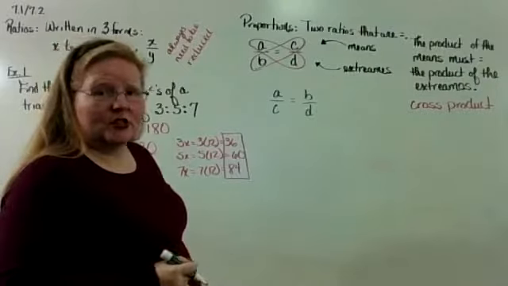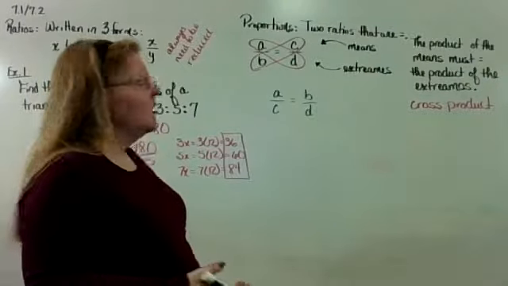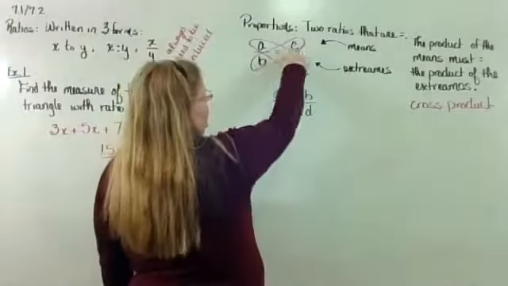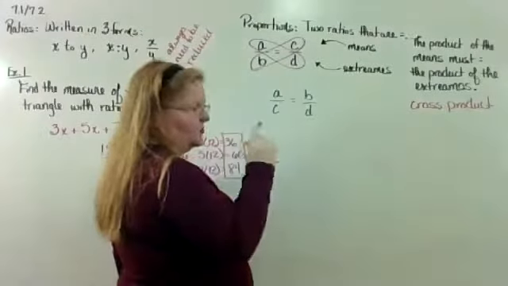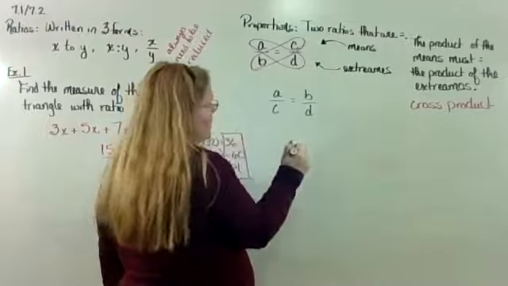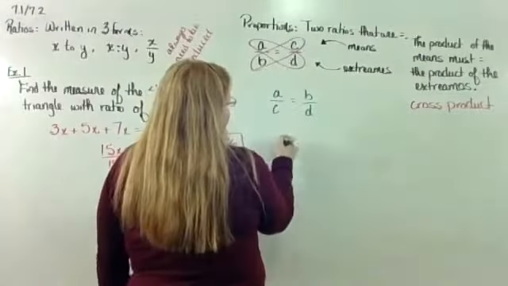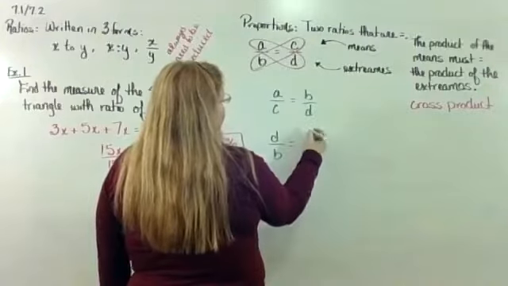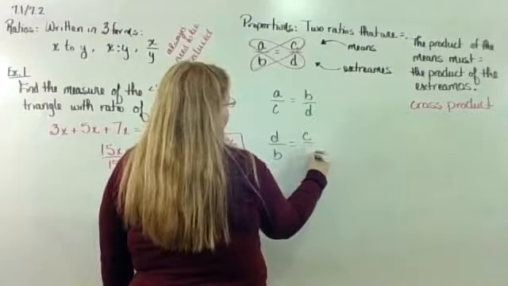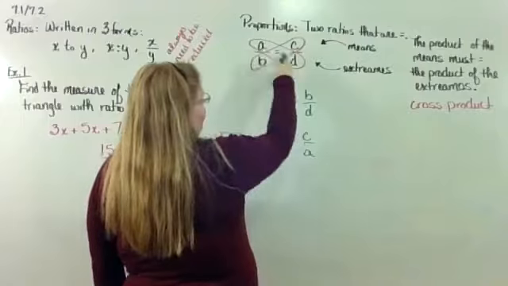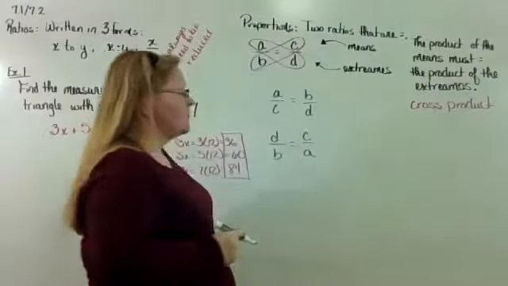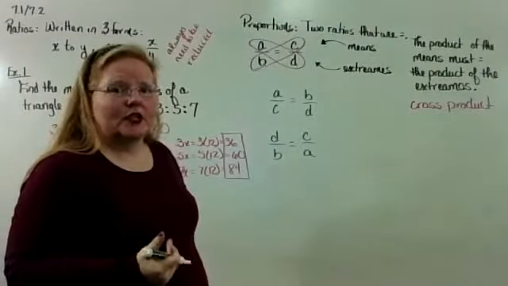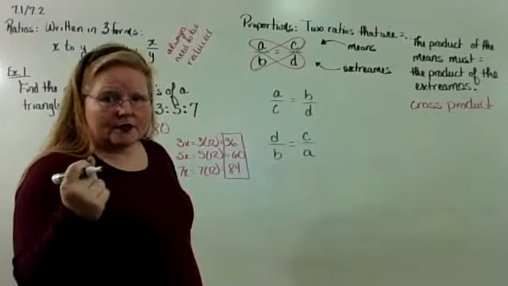It's not going to change anything. It's not going to affect anything. All we did was switch our B's and our C's. You can switch the means out. You could also switch the extremes out. So I could say that D over B is equal to C over A by flipping those two. I can do that because it's not going to change my cross product.